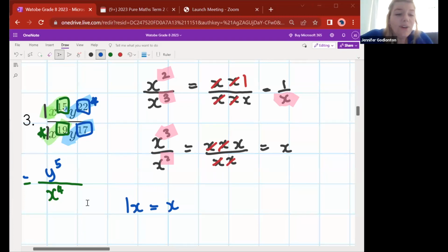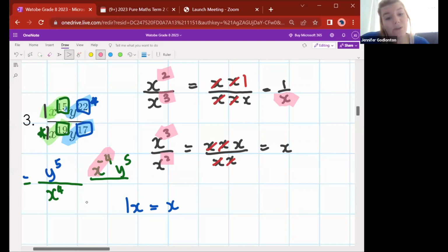So those of you who are getting confused about when we're subtracting, technically we are doing the same thing. It's just that we're looking for where the number is bigger. If we say 15 minus 19, we're going to get a negative number. So if we had done that, we would get x to the negative 4, y to the power of 5. And we're not allowed to give answers that have a negative exponent.